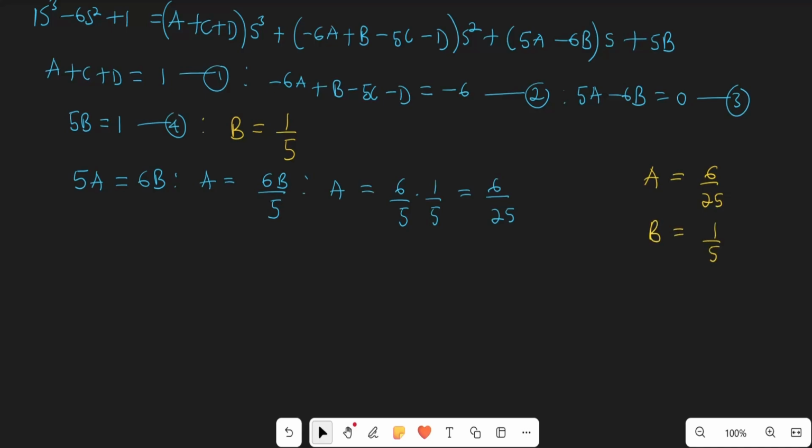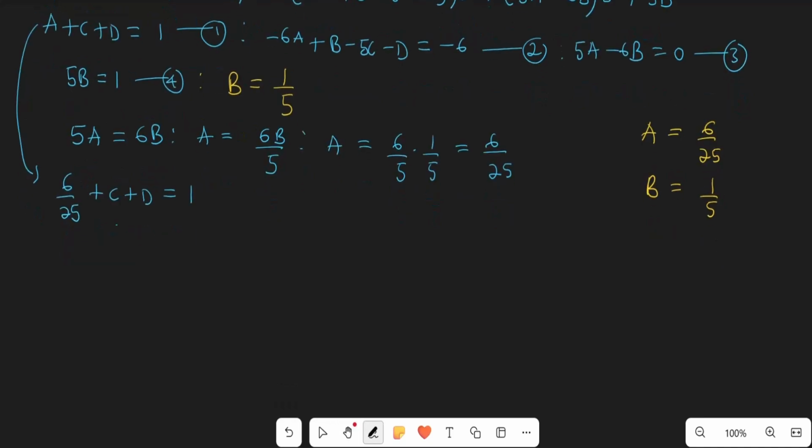Now let's find the values of C and D. So to find the values of C and D, we can plug them into equation 1 and equation 2. So for equation 1, this equation, so A plus C plus D. A is, that is from here, we are continuing from here. A is 6 over 25. This is what we have, plus C, and now plus D. This is equal to 1.